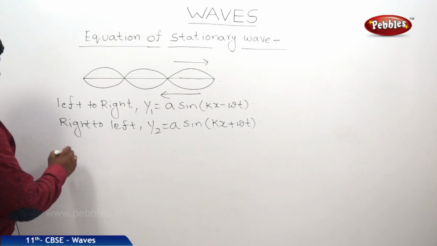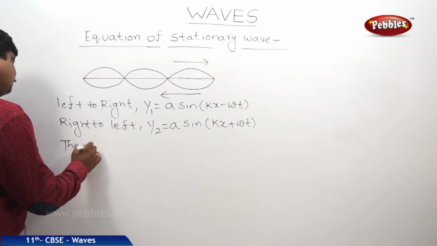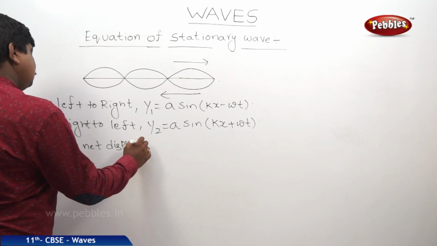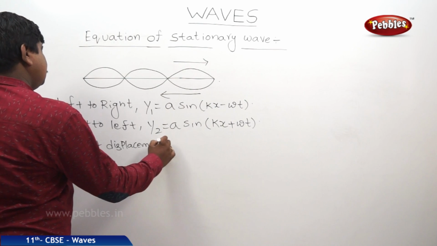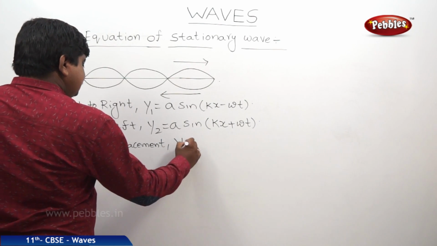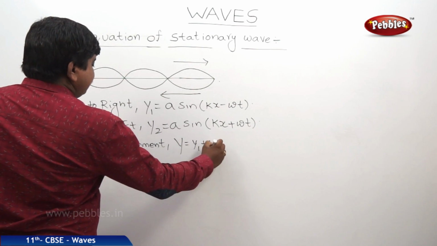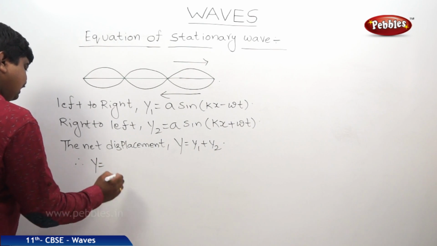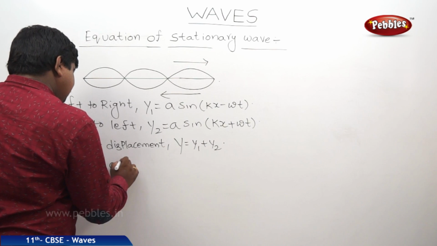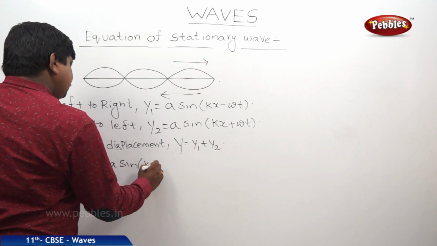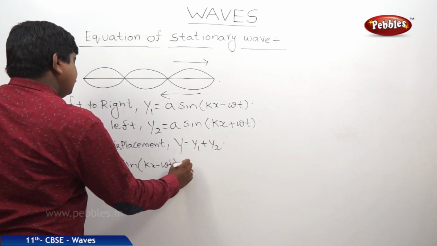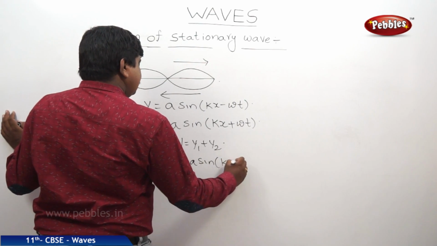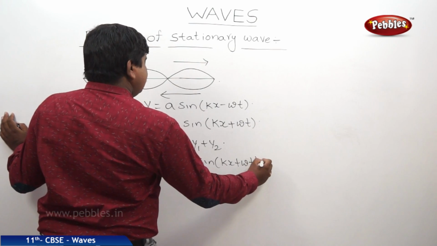The net displacement capital Y is equal to y1 plus y2. Therefore, capital Y is equal to a sin(kx minus omega t) plus a sin(kx plus omega t).